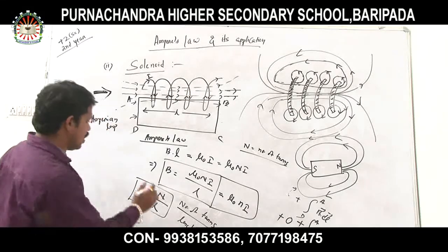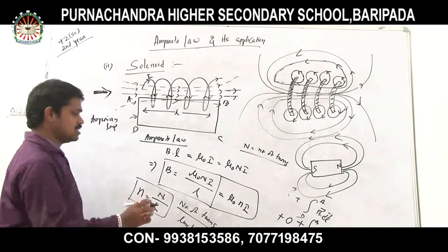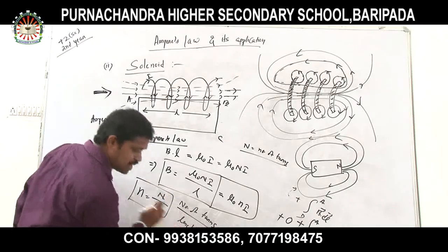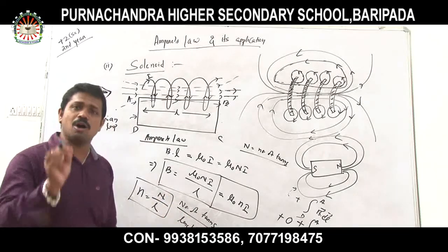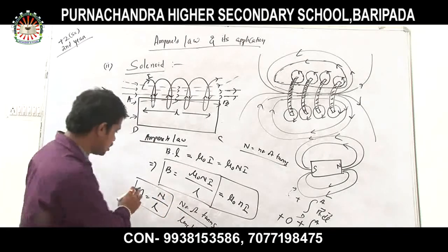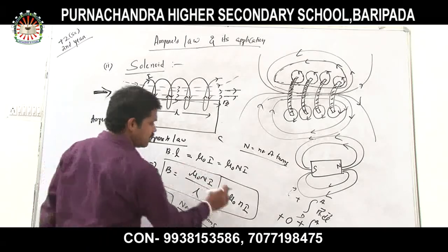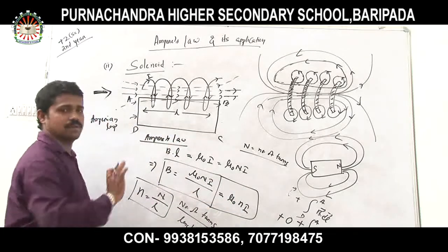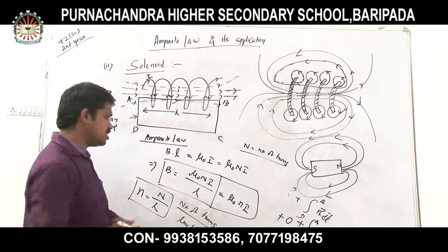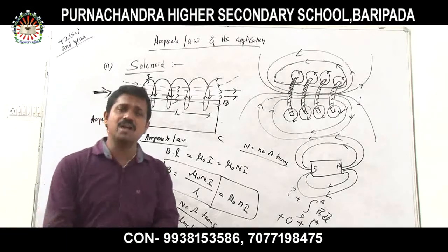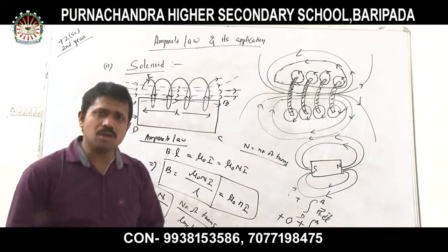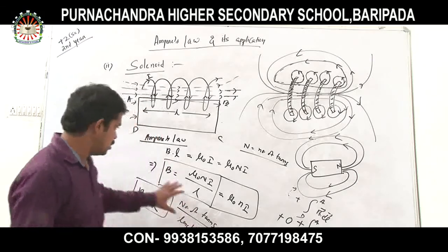So I can represent it in this manner, or I can also represent it in that manner. This is the expression of your magnetic field due to a long solenoid.